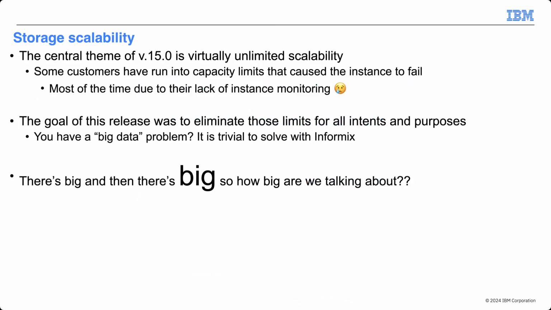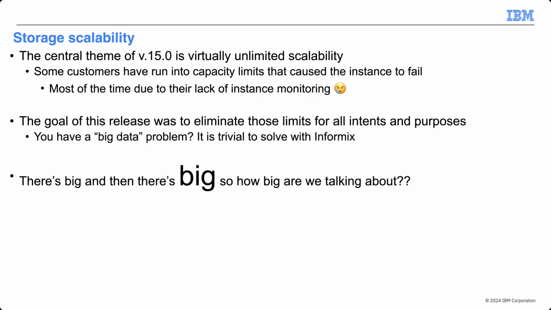Now, in full disclosure, most cases were because the customers weren't adequately monitoring their instances. And oh, yeah, we really do mean you can only have 16 million pages in a partition. And they would just try and blow past that and just see what happens. And the result was never good. We'll just leave it that way.